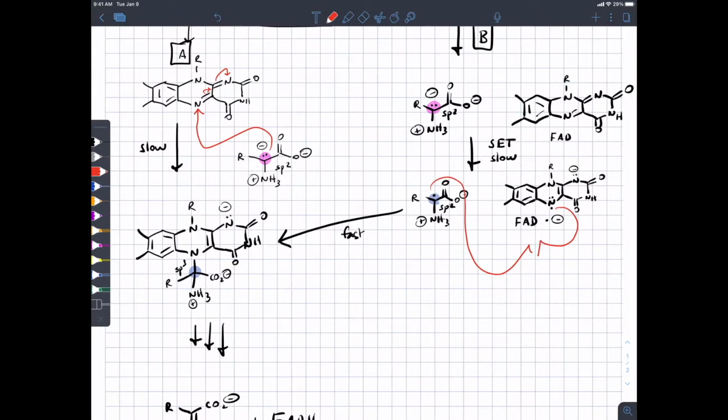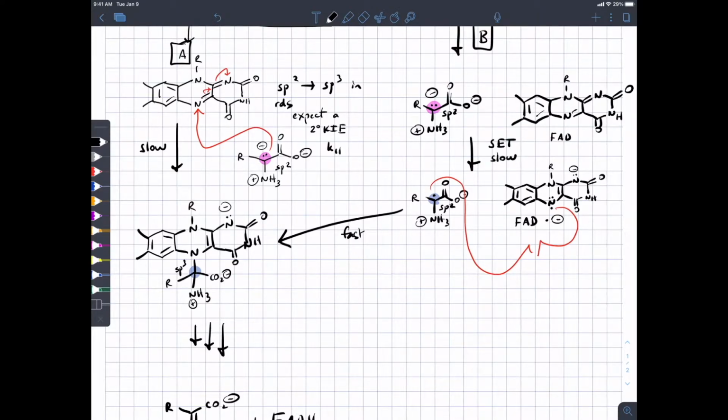Well, in one of them, the slow step has hybridization change. In the other, the slow step has no hybridization change. So when we go from sp2 to sp3 in the rate determining step, and there's a substantial amount of rehybridization from sp2 to sp3 in the transition state, you would expect, if you could swap out hydrogen versus deuterium, a secondary kinetic isotope effect.